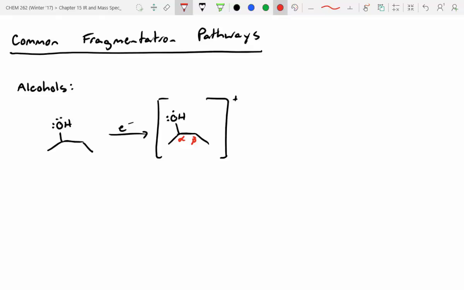What ends up happening is that this radical will hop down to this bond. It'll steal an electron from this alpha beta position, and then the other electron from that alpha beta bond will be dumped over onto the beta carbon.